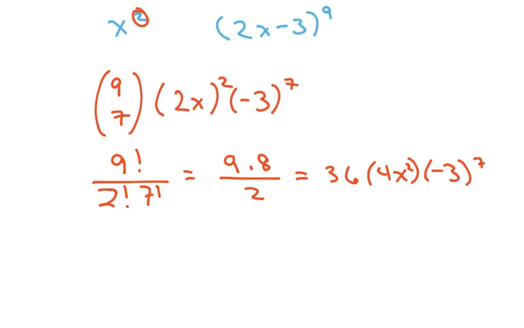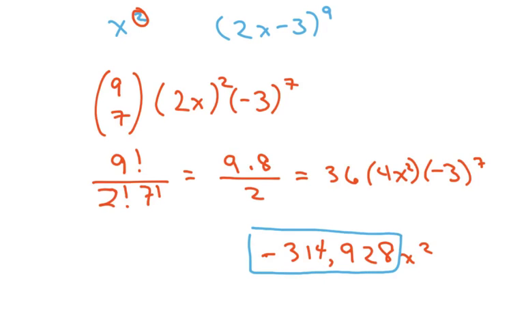And that's going to give you negative 314,928 x squared. So your coefficient is here.